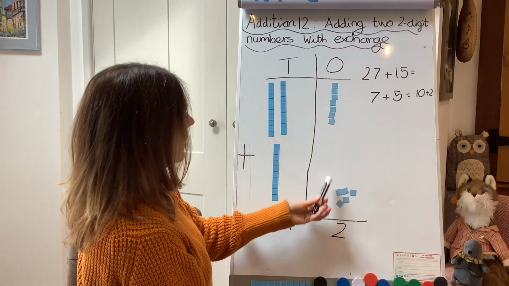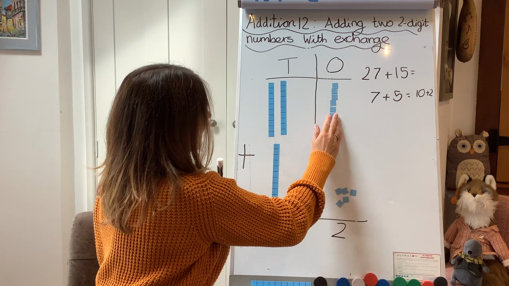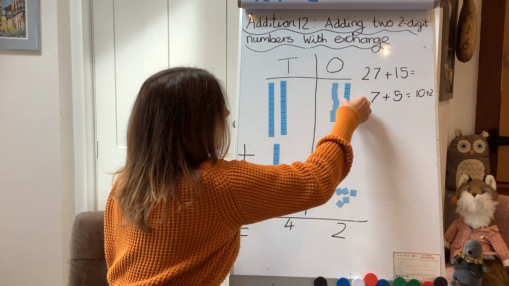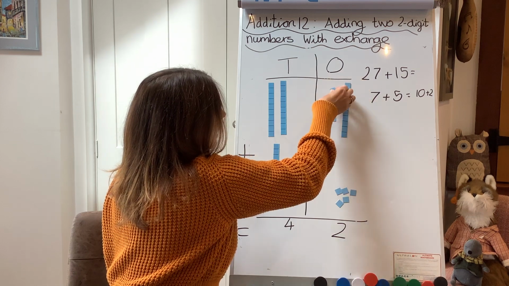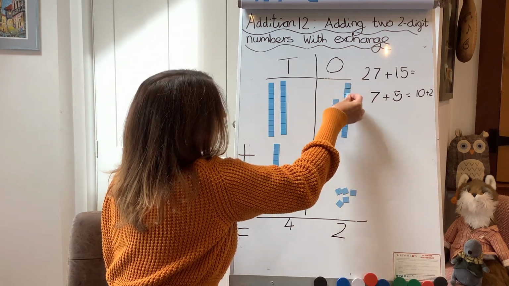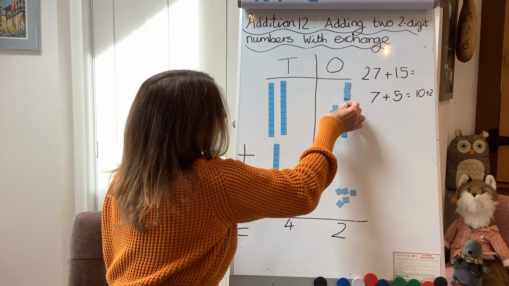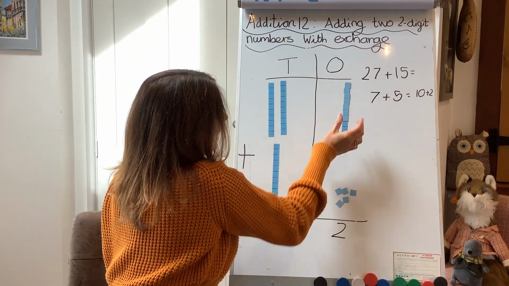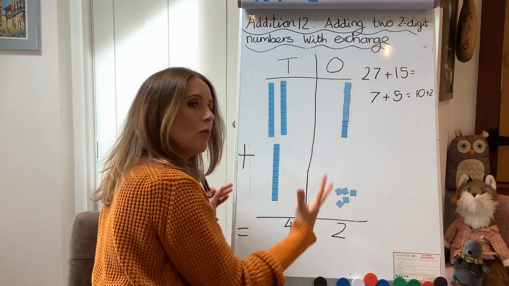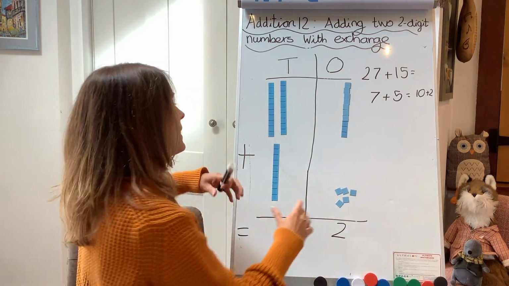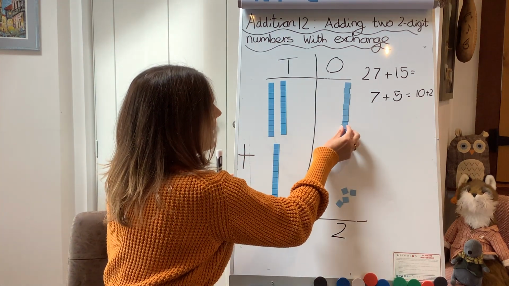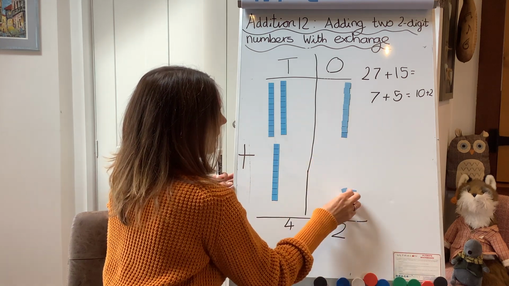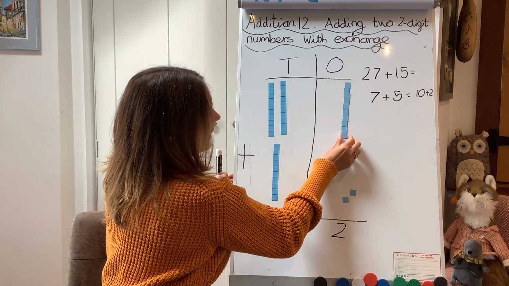So we've got our 7 and add 5, and we can see if we put one of those below, and I've got to be careful not to add this in, we can see how we can add on our 5 to make 10. So we're regrouping again. We're regrouping to make that 10 again here, and we're making an exchange because we can't keep those 10 in tens columns. So we've got a whole 10 now.